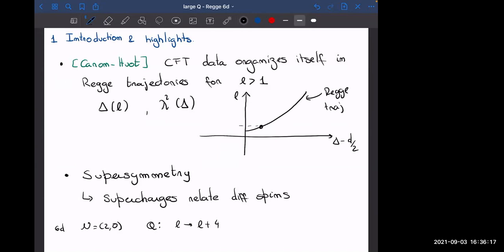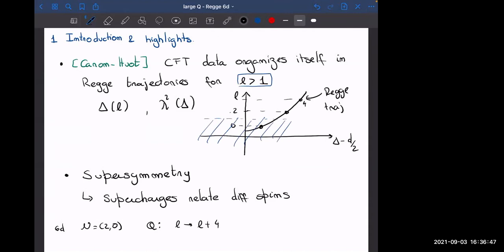So I would have here an operator of spin 0, an operator of spin 2, say, and so on. These operators are not randomly scattered, but they actually lie on trajectories. I highlighted here, this is for spin bigger than 1. I'm not sure what happens below here, but at least for spin bigger than 1, operators should fit into these smooth functions that we can draw.